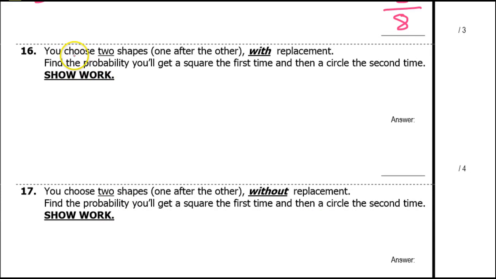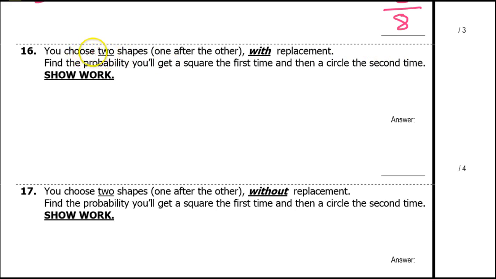Problem number 16. You choose 2 shapes, one after the other, with replacement. That means we're starting fresh when we choose the second shape. Find the probability that you'll get a square the first time and then a circle the second time. So here's the main thing.